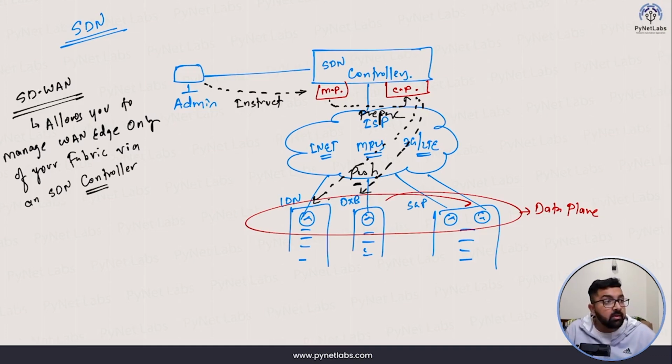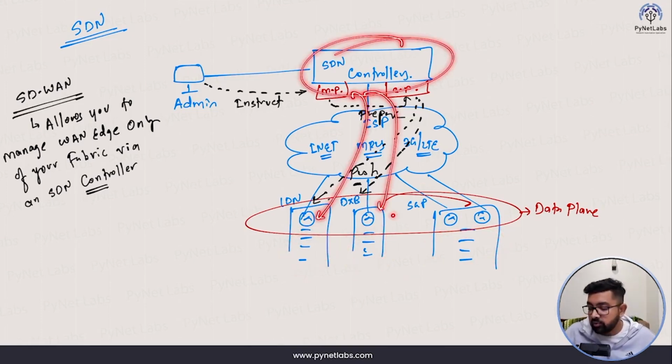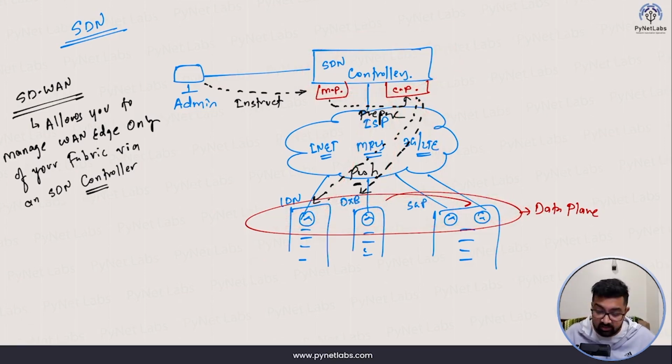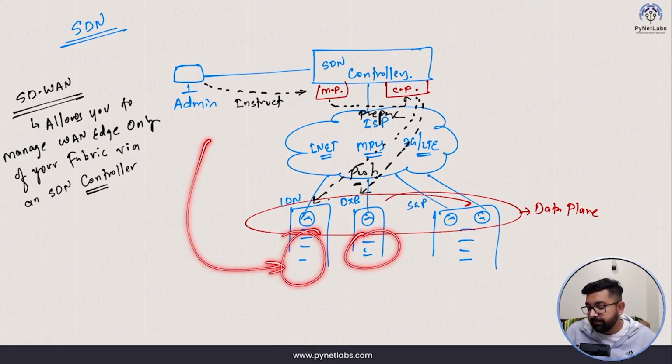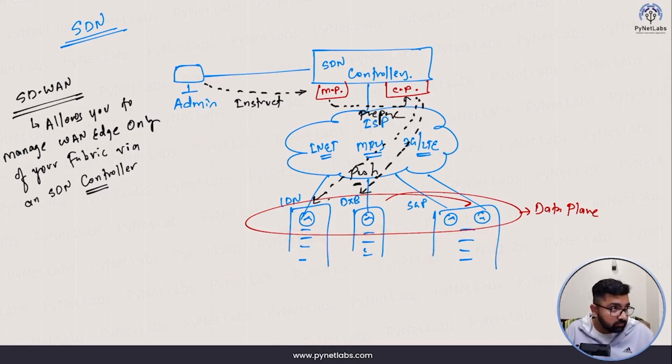It doesn't allow you to manage the LAN devices of your sites. The controller will only allow you to manage the WAN edge devices in the SD-WAN scenario. If you use SD-Access, then it will allow you to manage all the LAN devices as well. So there are different solutions. What we are speaking about is managing the WAN infrastructure.